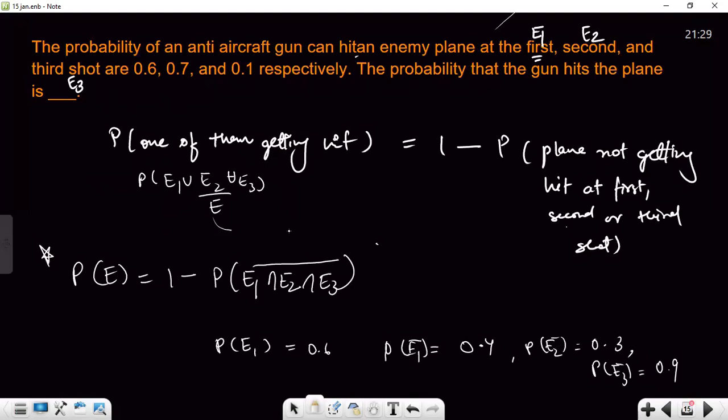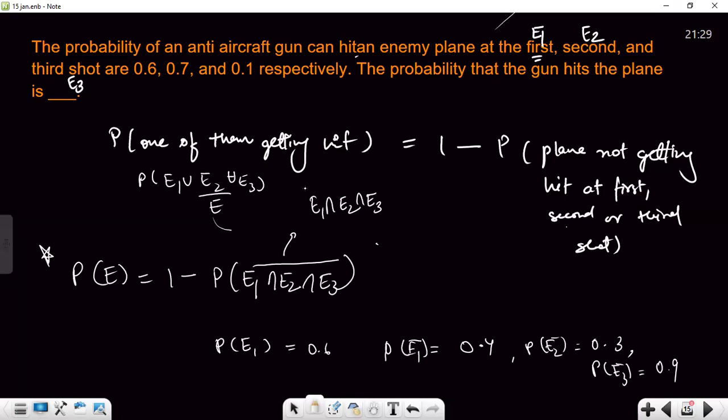E1, E2, E3 whole conjugate or single conjugate? There is a difference. Whole conjugate means E1, E2, and E3 happening simultaneously, and they should not. The intersection of E1, E2, and E3 means that the plane got shot at the first, second, and third, all three times.